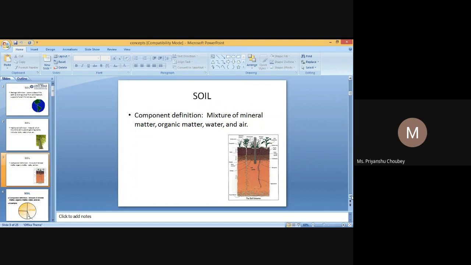It is of particular importance in the absorption of water and the circulation of air.